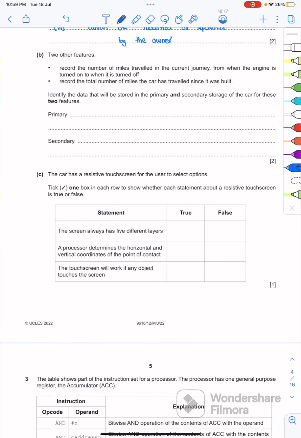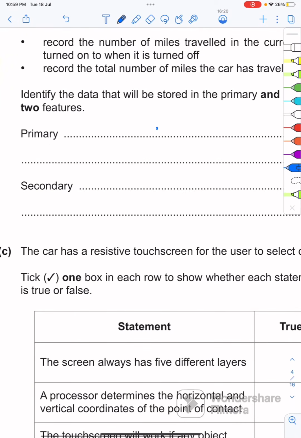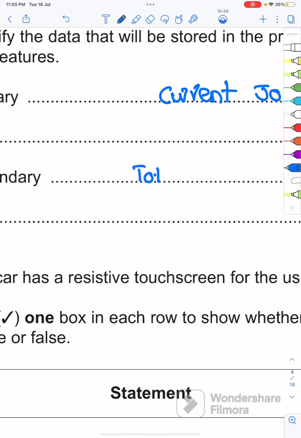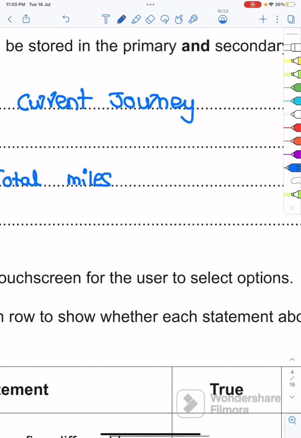So that's when you say for the current journey, you need to access it and constantly update it while the journey is going on. And for secondary storage, you can access it on and off. So for secondary storage, you can say the total miles traveled since the car was built.